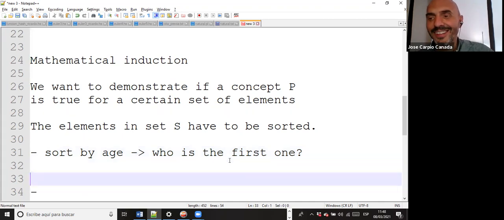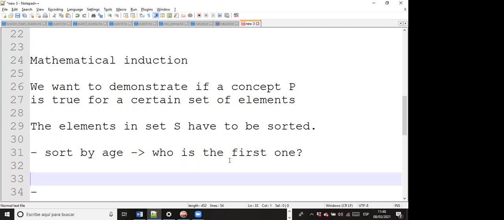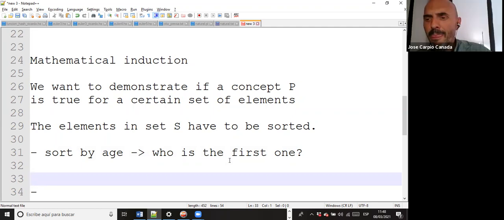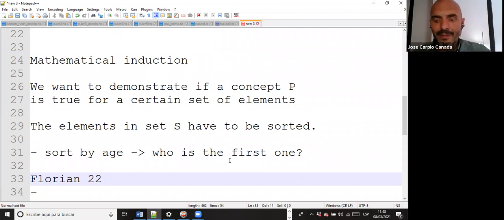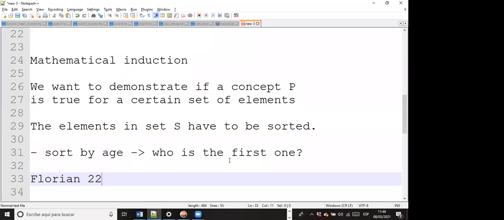Who do you believe is the youngest person? Please collaborate. Tell one age, and let's check if there is someone younger. 22. What's your name? Florian. Florian, 22. Someone younger? Yes, 20. Who? Elsa.